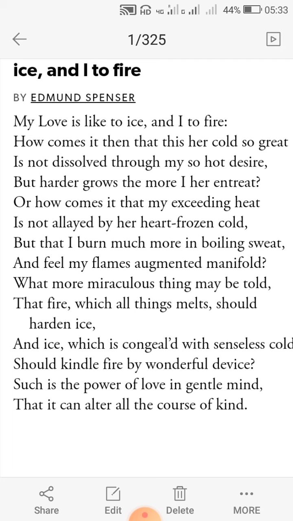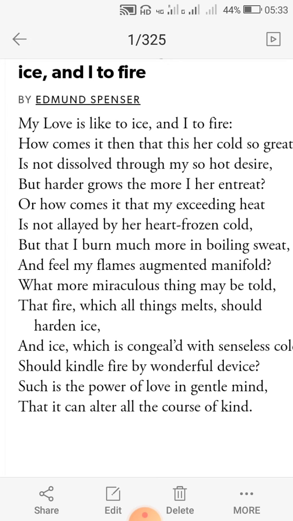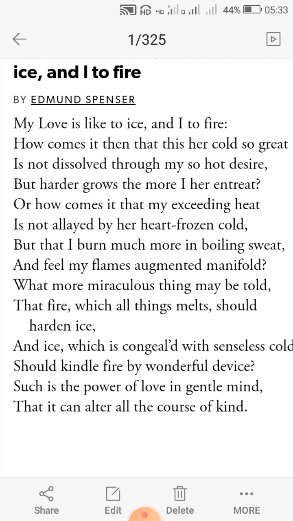The poem is one of the sonnets in Amoretti, which is a collection of sonnets. There are 88 sonnets in Amoretti, and the present sonnet is 30th.